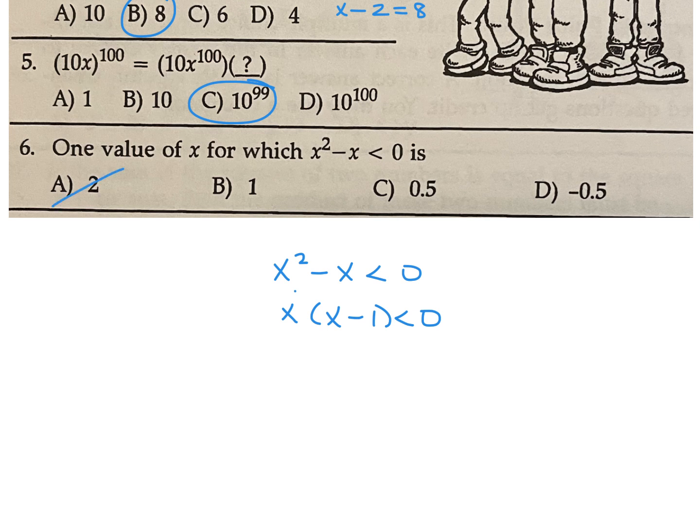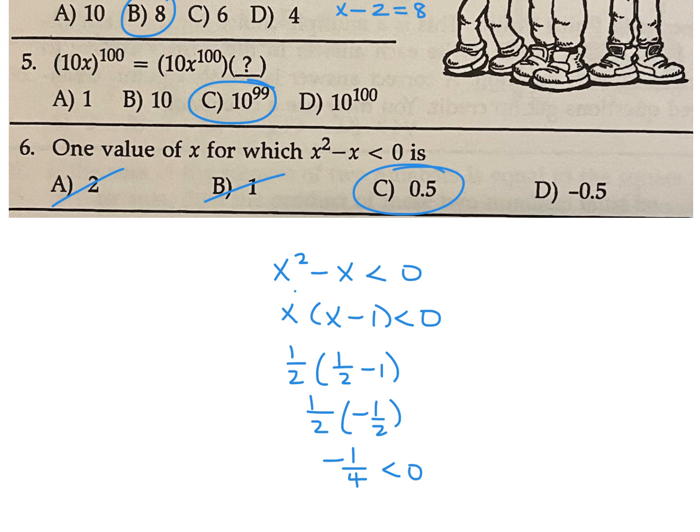Okay, cross that out. If it's 1, it would be 0, which is not less than 0. A half, it would be a half times a half minus 1. So that's a half times minus a half, which is minus a quarter. And that is indeed less than 0. So the answer, just by checking the answers, is C.